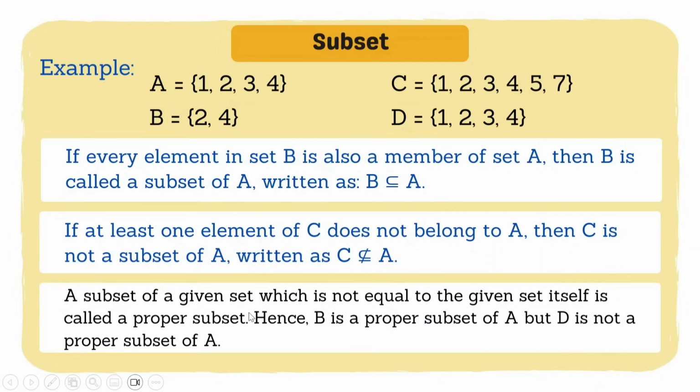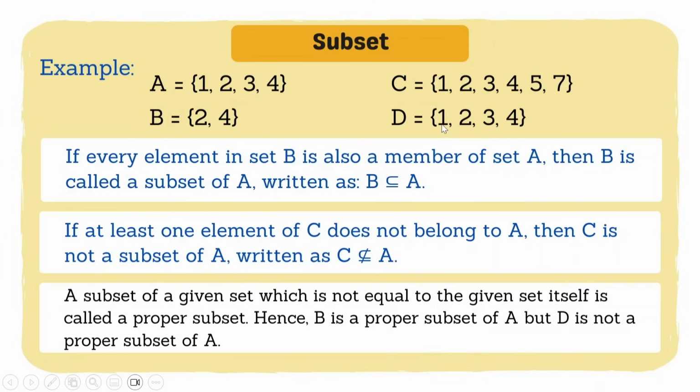A subset of a given set which is not equal to the given set itself is called a proper subset. Hence, set B is a proper subset of set A, but set D is not a proper subset of A. Okay, compare po natin si set B at saka si set D in relation kay set A. Kanina, si set B, siya ay subset ni set A kasi lahat ng elements ni B ay na kay A. Ganon din po ba si set D?